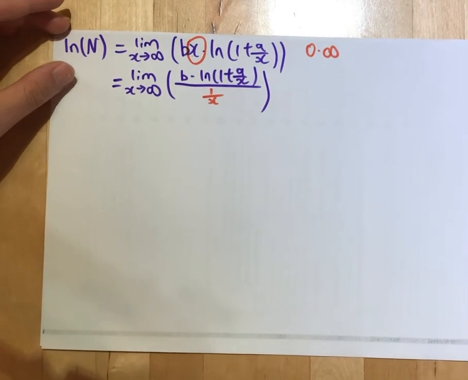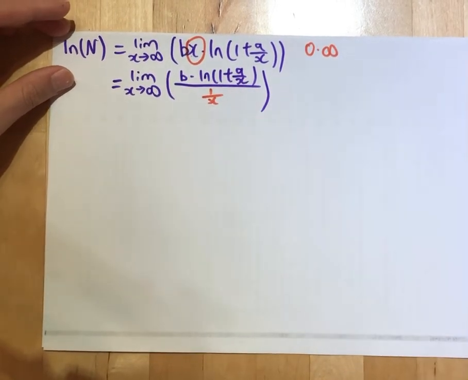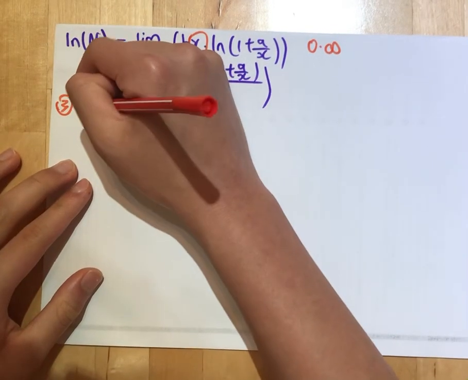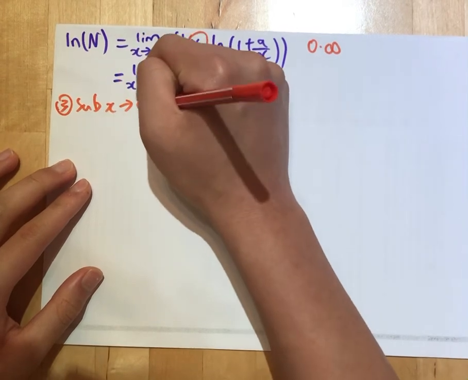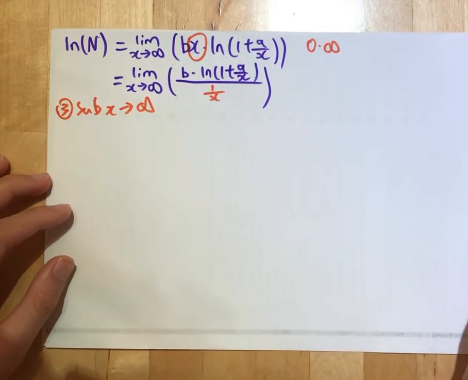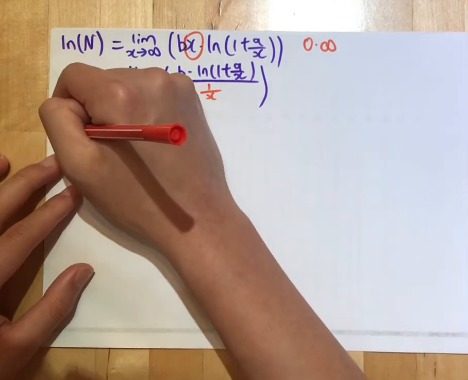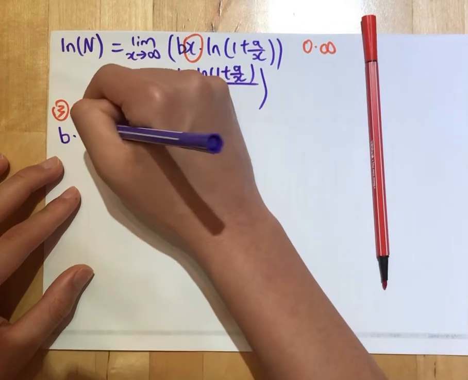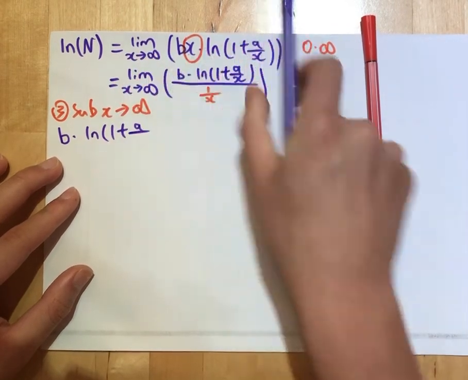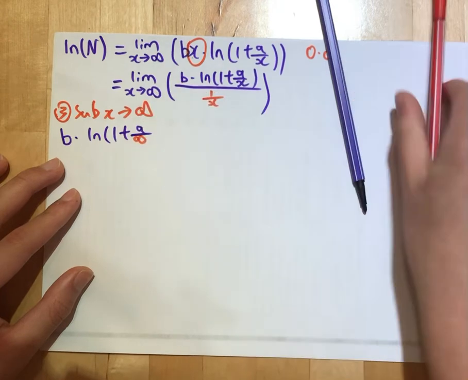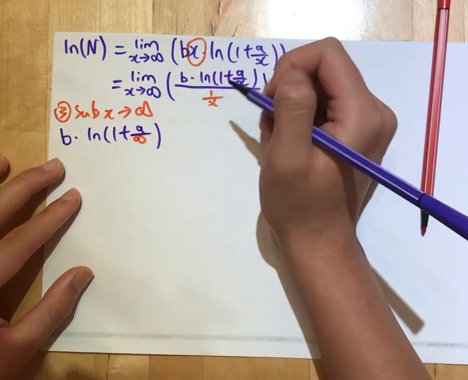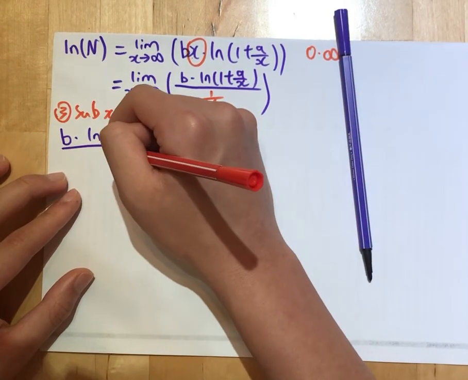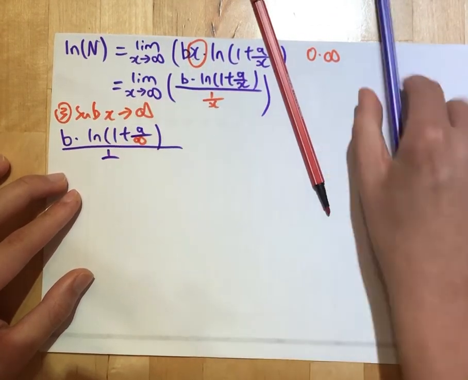Now, after we put the x in the denominator, that usually fixes this. So maybe we can try to sub x to infinity. This is our third trial. We will get b multiplied by natural log of 1 plus a over infinity, divided by 1 over infinity.